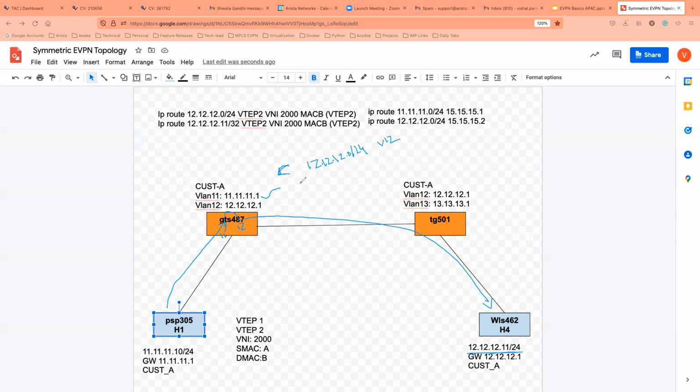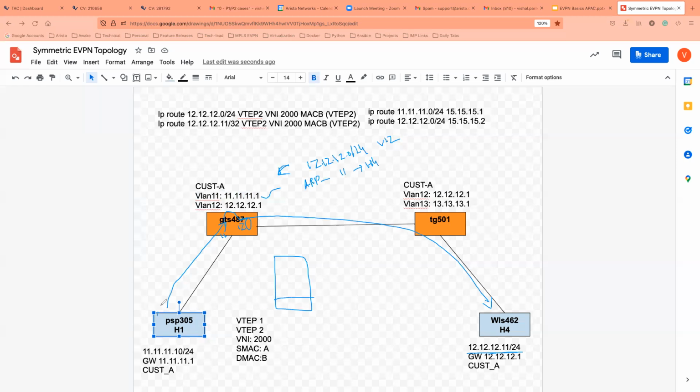So what will you do? Now you have to check the packet destination IP, 12.12.12.11. So you have to check the ARP for 12.12.12.11 and whatever MAC address is associated with it. So now you understand that you have to build the packet to send it here.